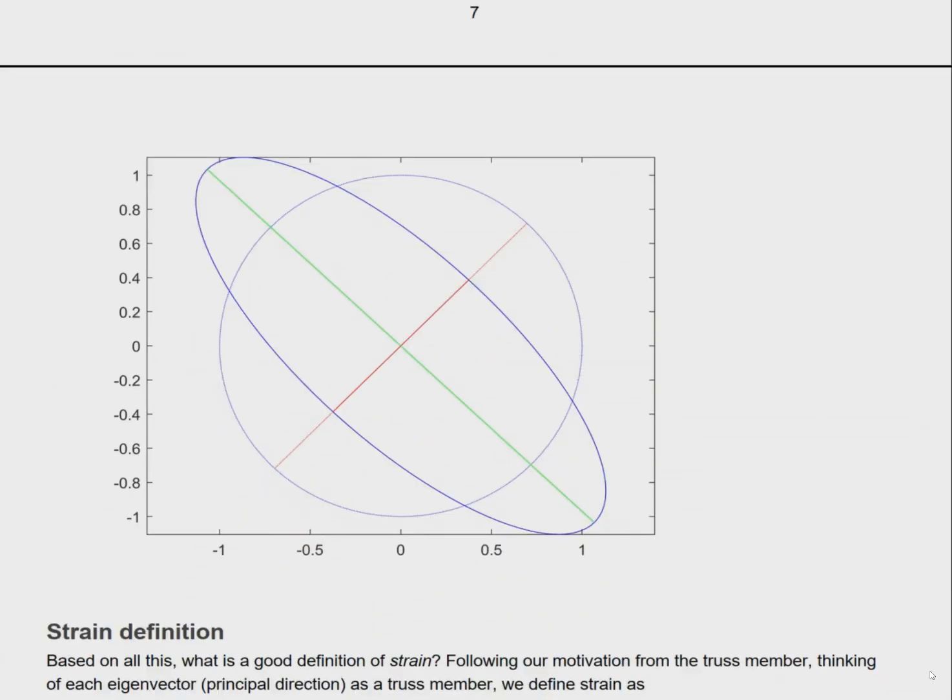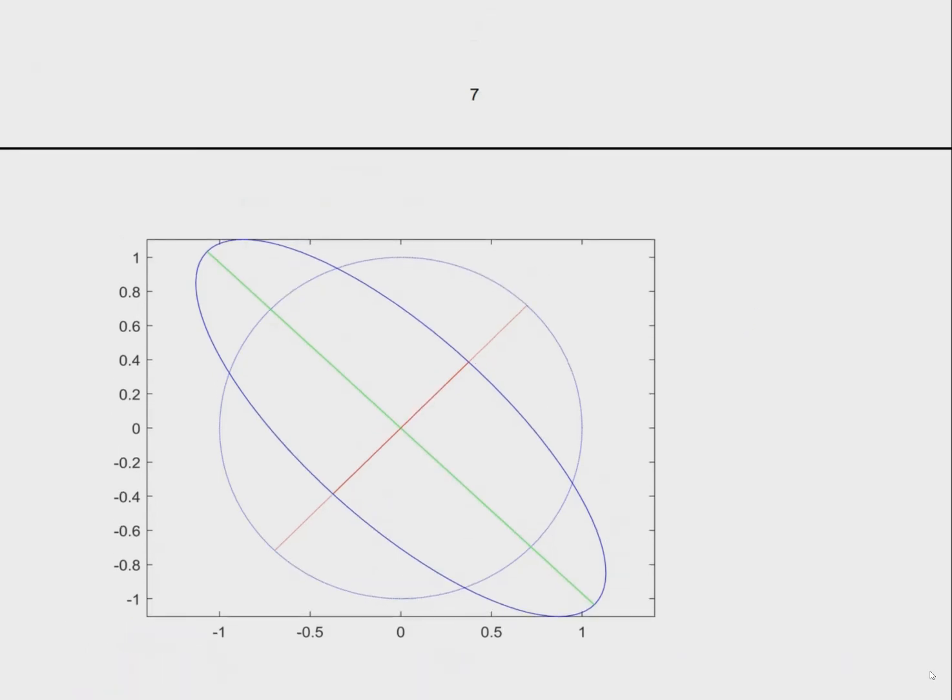As you can see, the red line is not rotated, but only changed in length. And the green line is not rotated, but only changed in length. So essentially what the matrix U does is it takes a circle and turns it into an ellipse while preserving the directions of two special vectors called the eigenvectors.